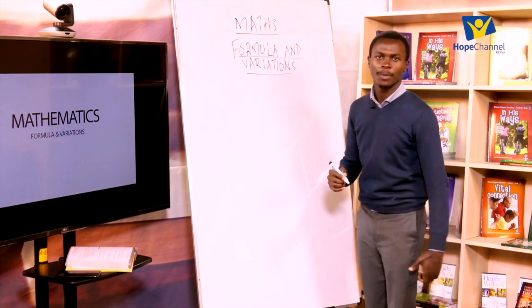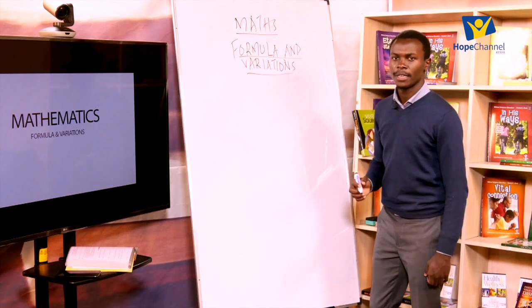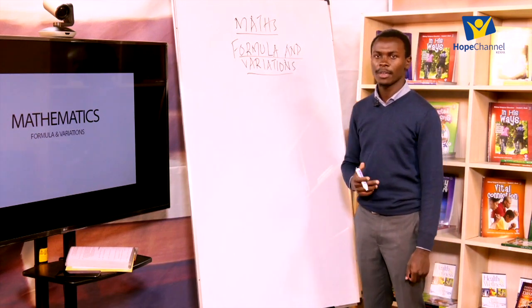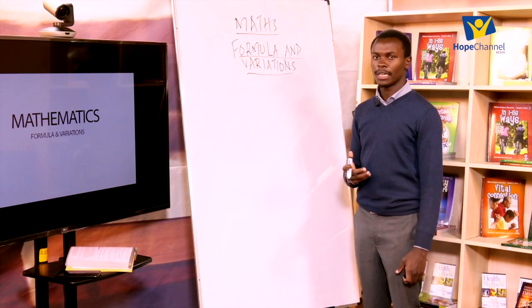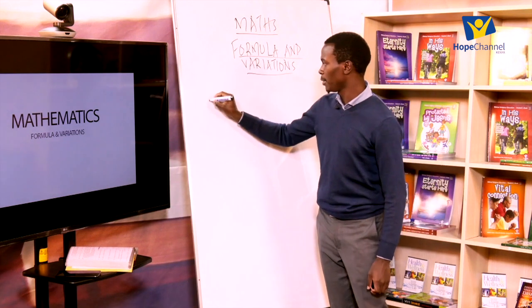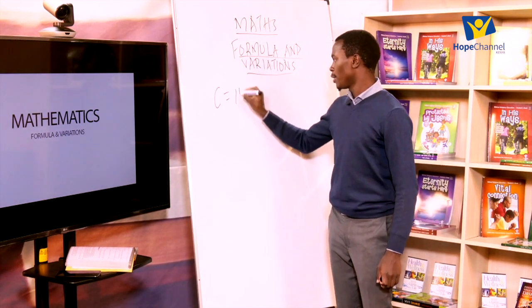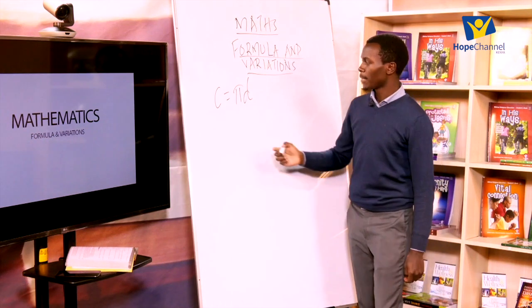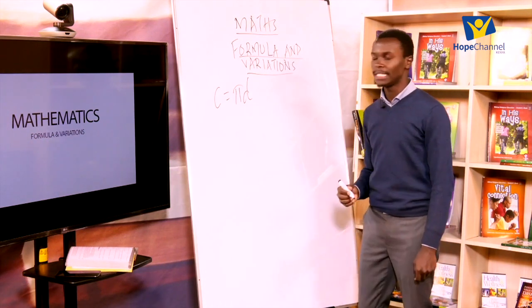So to start with, what is a formula? A formula is an expression or an equation that shows the relation between two quantities. For example, we know the formula for finding the circumference of a circle. Circumference is given as pi d.